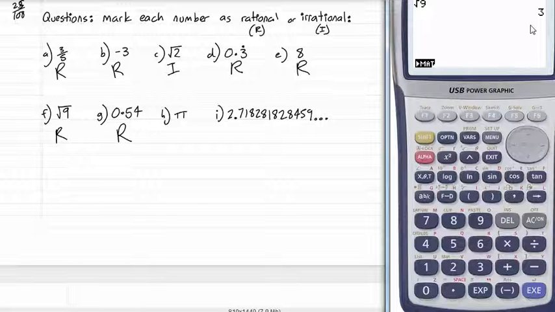Pi, we definitely know pi, it's irrational. And this one, 2.71828, are we repeating? No, 1828 may be repeating, but no, we're back to a 4. We're not repeating as far as we can tell. Oops, I nearly made a mistake. Of course, our best guess is that it's irrational.